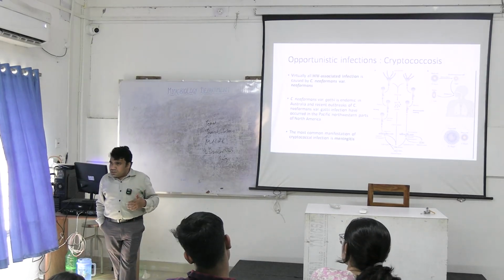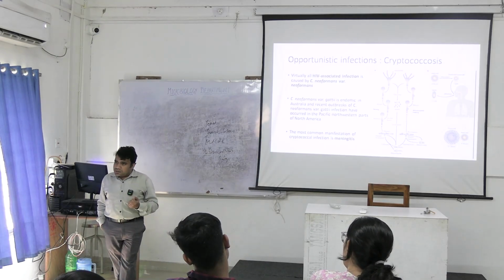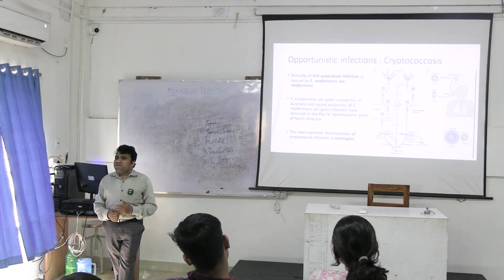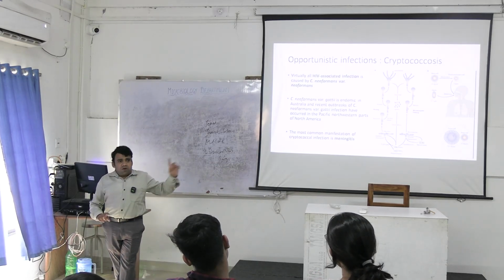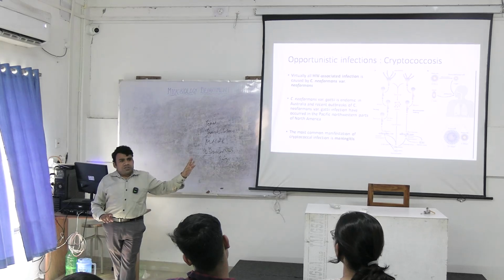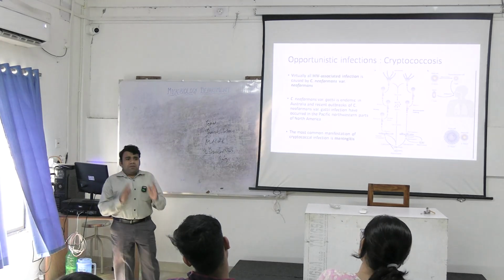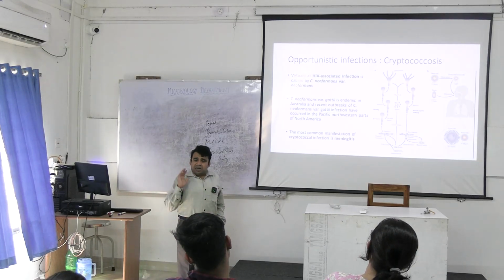It will reach into the lungs, and there the tissue macrophages will take up the Cryptococcus. Now, here lies very important factors. The first important factor is the immune system of the body. I have already classified this as an opportunistic fungal disease. That means healthy human beings are able to get rid of the spore or degrade the spore in the lung itself.